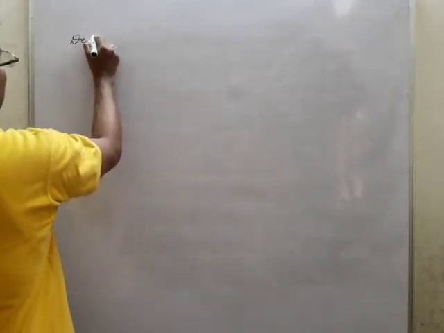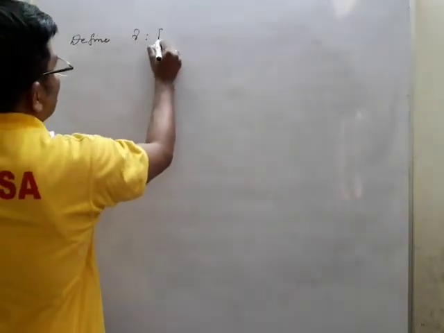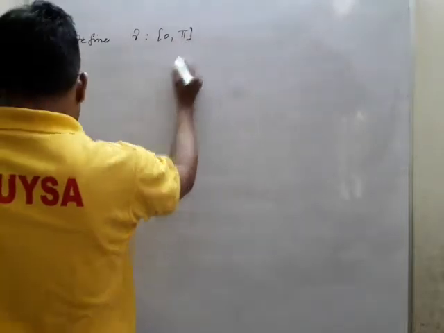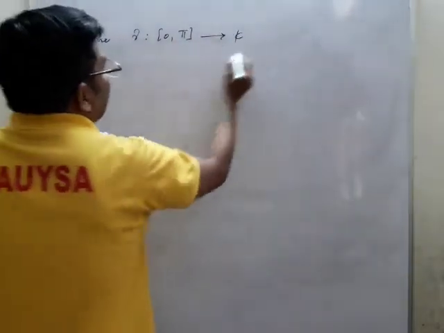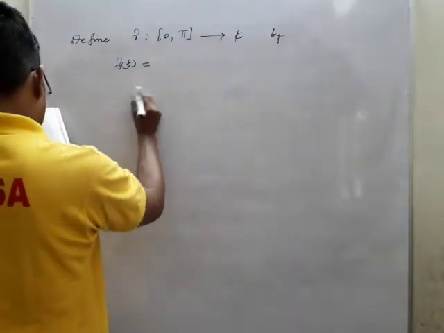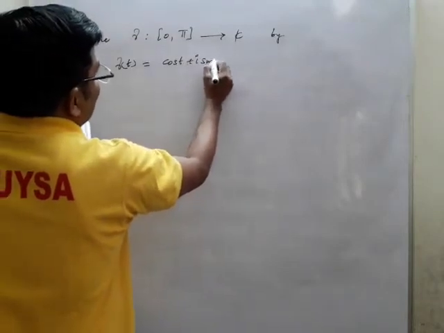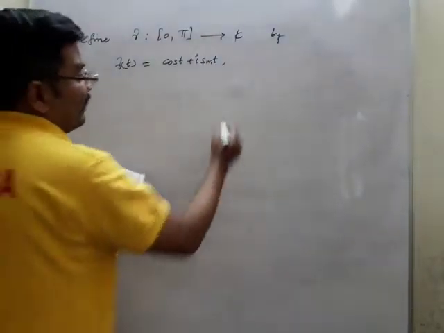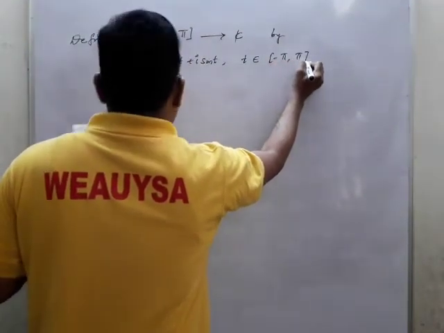The problem is: define gamma from [0, pi] maps to the complex plane C by gamma of t is equal to cos t plus i sin t, where t belongs to [minus pi, pi].